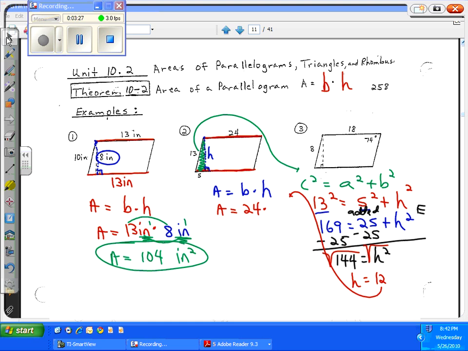So we have area is base 24 times height, which we had to find, 12. And so the area is the product of those, which is 288. Any questions on number 2?